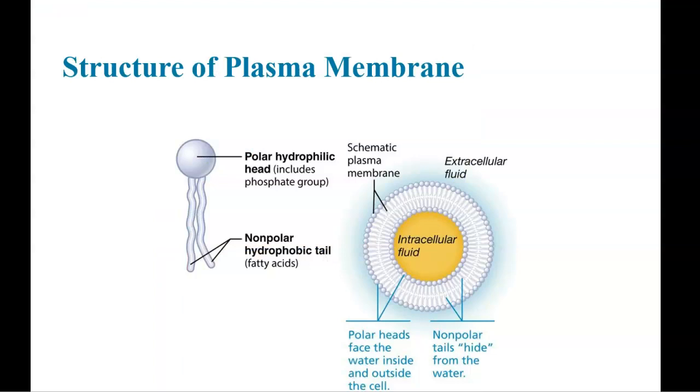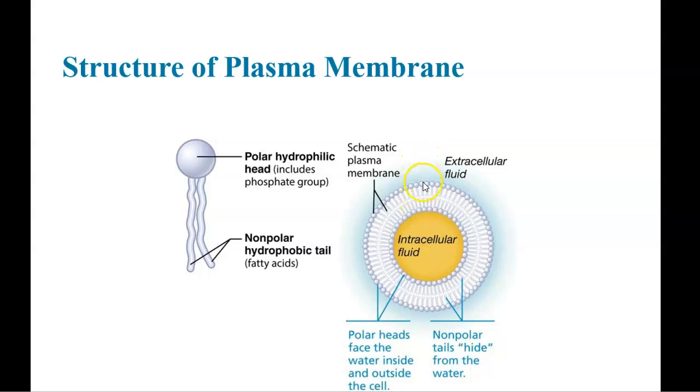These phospholipids have two components. There's the polar head and the non-polar tail. The head portion is the one that's hydrophilic, so this part likes to be near water. And the non-polar tail is the one that's hydrophobic, the one that does not want to be in water. This phospholipid bilayer prevents a lot of things from going inside of the cell.